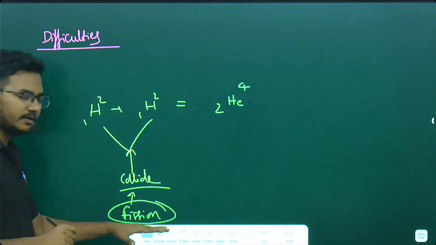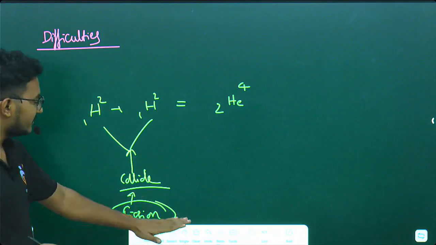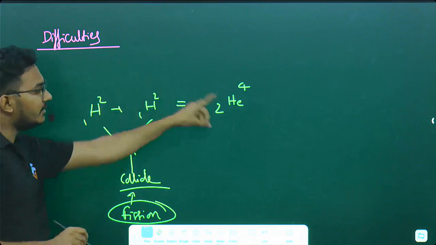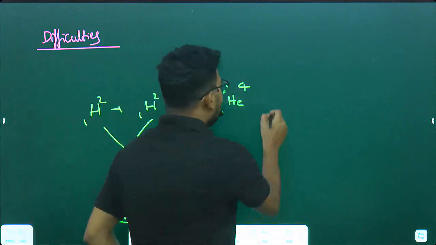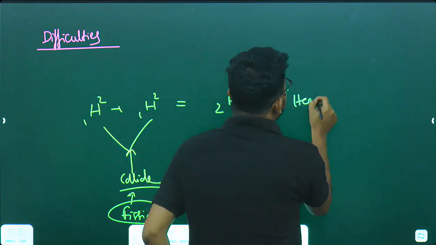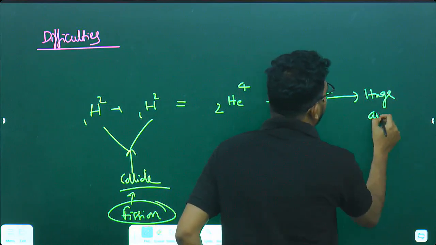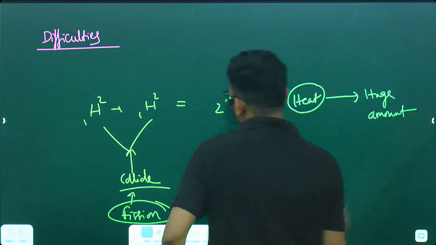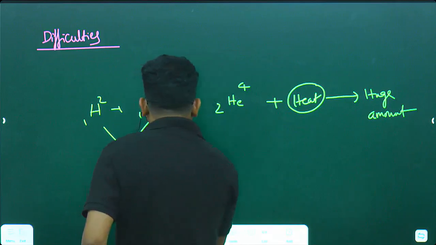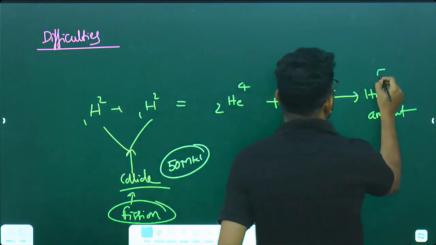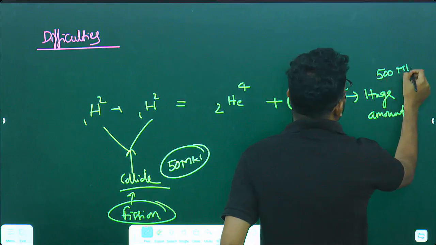Once the fission process is done, the energy is released, then these two particles will collide, then helium will be produced along with some heat. This heat will be in huge amount. Let's say if you are giving around 50 megawatts here, then here it will produce 500 megawatts.